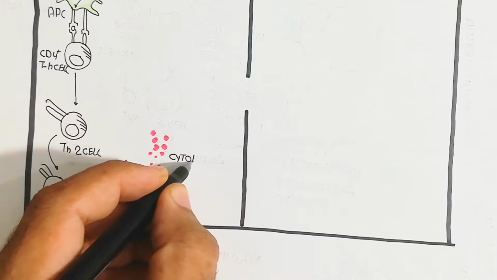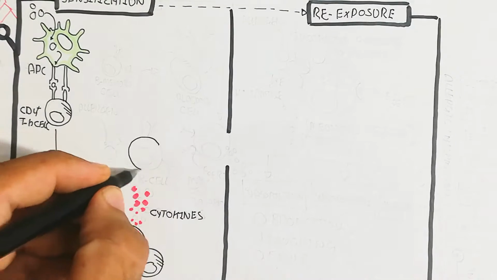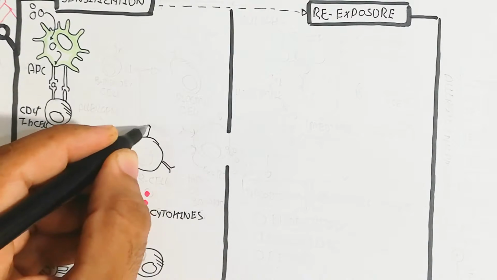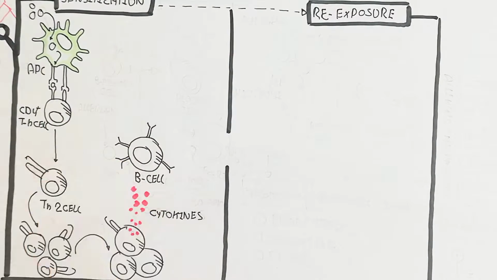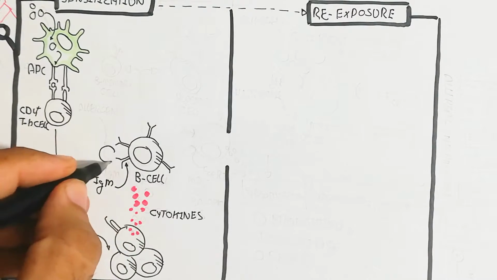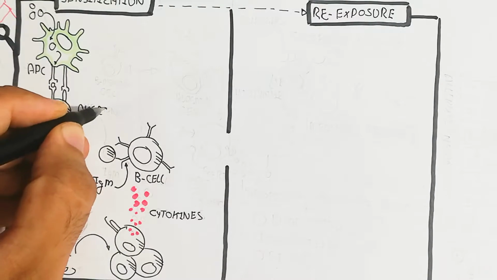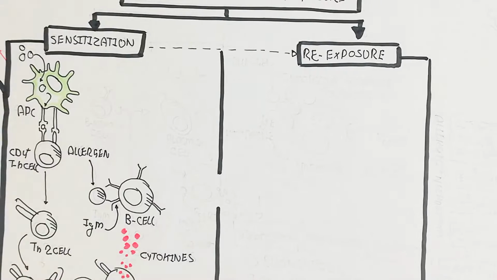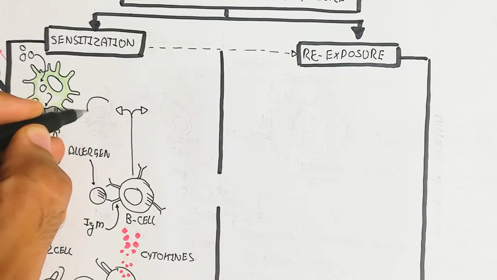After B cell recruitment, they recognize the allergen with or without the T helper cell, but the T helper cell is very important, through the MHC class 2 molecule.